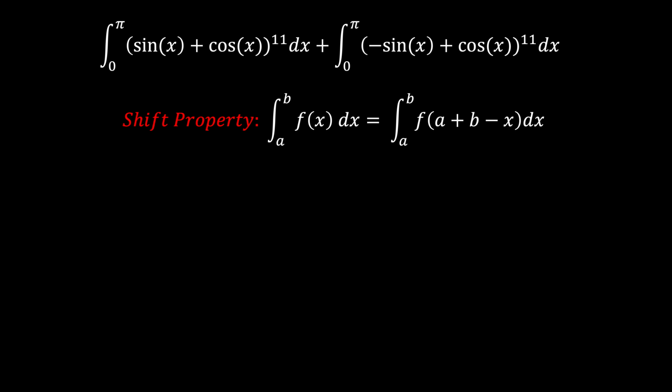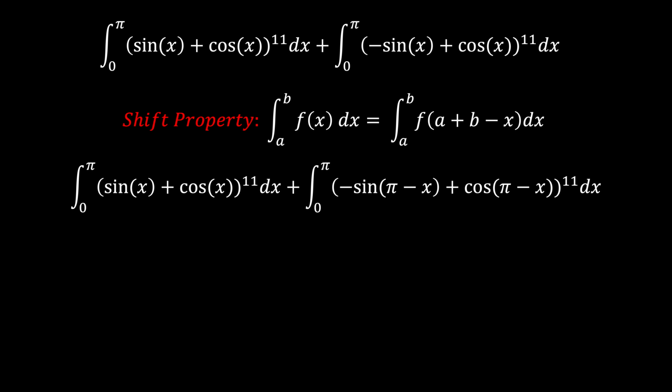Whenever you have an integral, you can shift your integrand by a plus b, and the integration remains the same. Now let's apply this property to the second integral. If we apply it, we get minus sine of (pi minus x) plus cosine of (pi minus x), to the power 11.